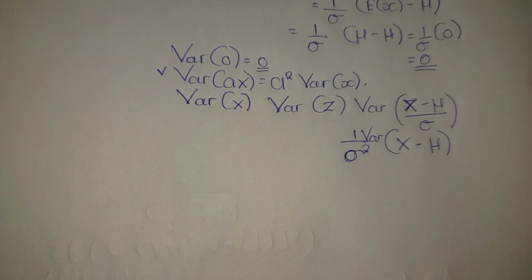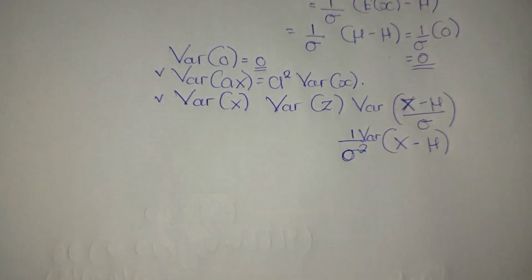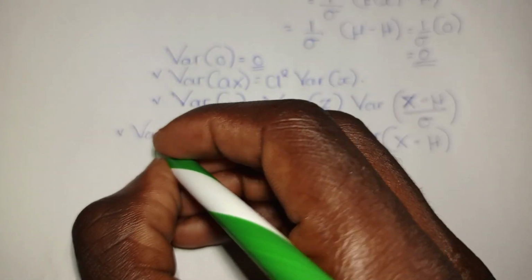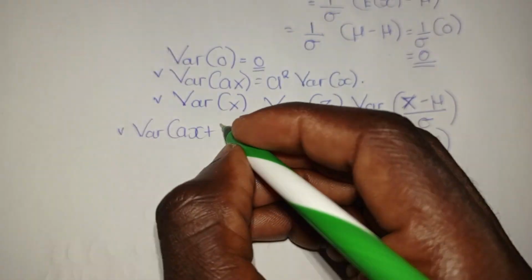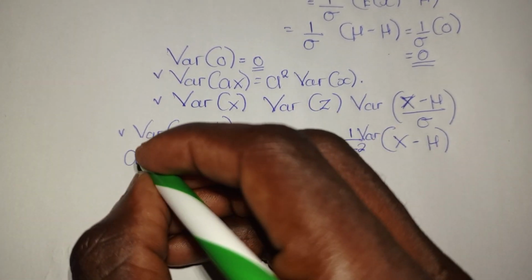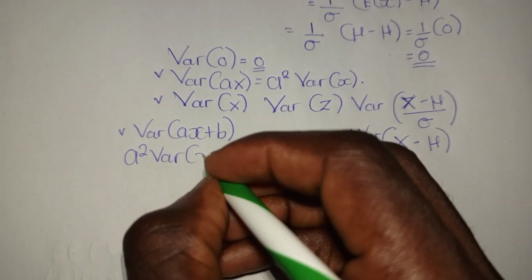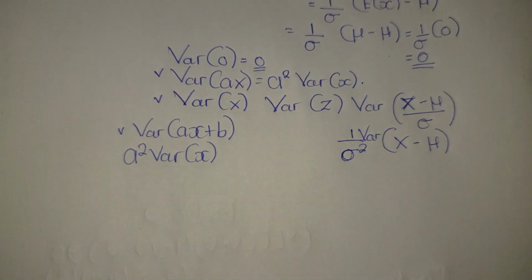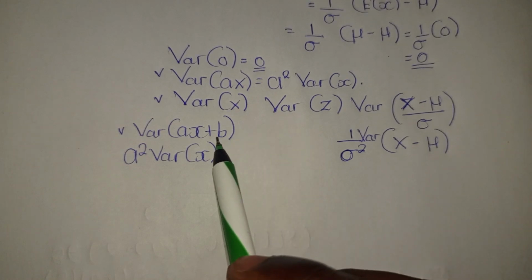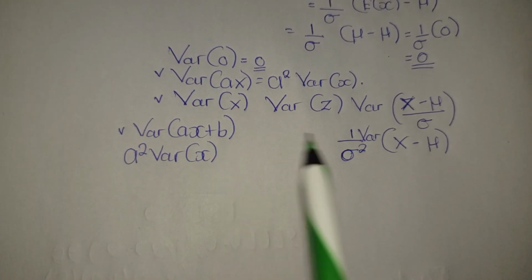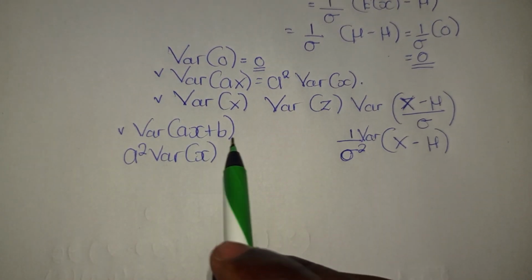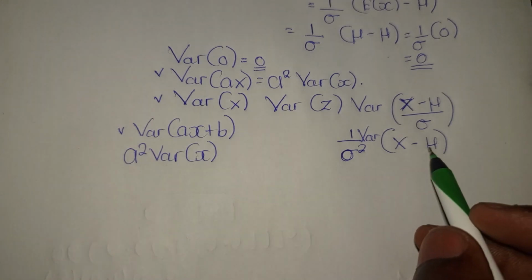Then, under the variance properties, we had the third property, which reads that the variance of aX plus b is a squared times the variance of X. Remember, b in this case is any constant number, and there is no variability in a constant number, so that term becomes 0.